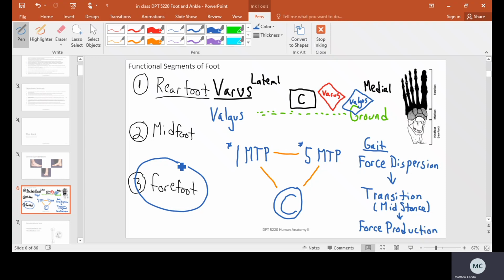Besides, it's going to hurt like a ton. Some people can't. You may have to. So rear foot varus, forefoot valgus.